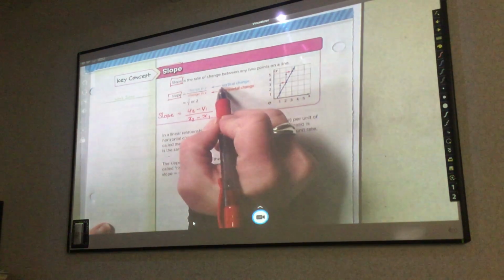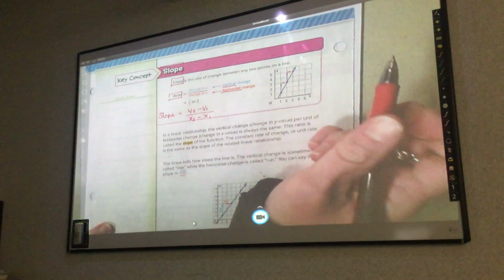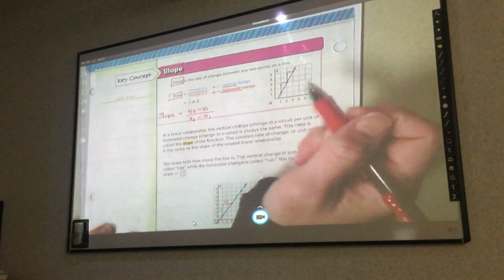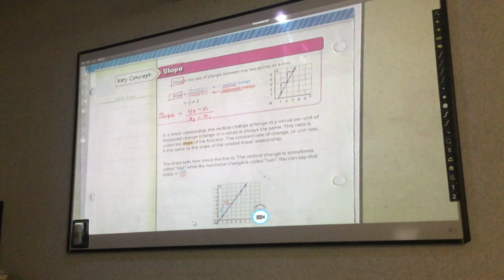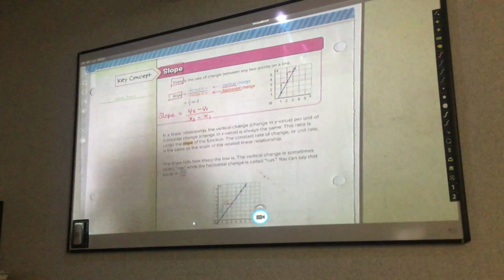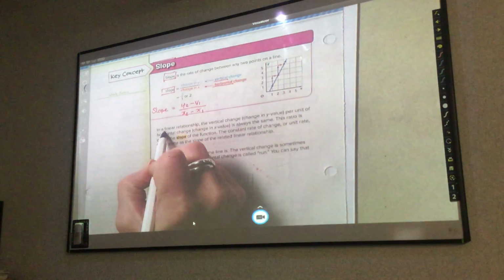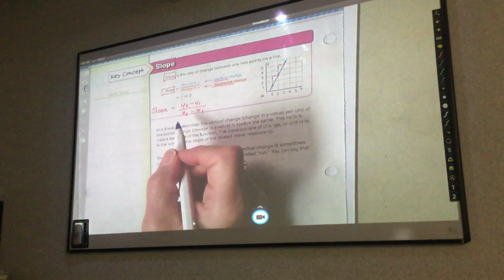Notice that this says vertical change, horizontal change. Vertical is your y, and vertical can go up or down. Horizontal can be left or right, and that's why we've been writing that in our bell work. Underline anything I underline and box it.